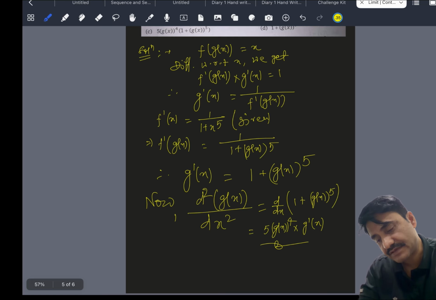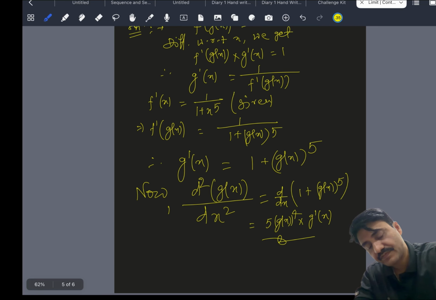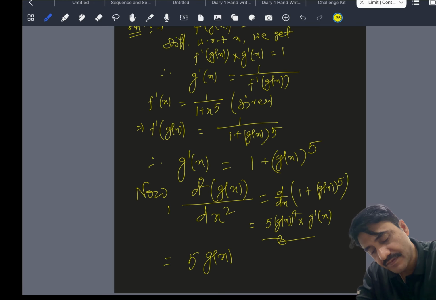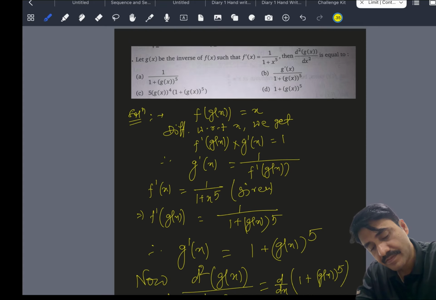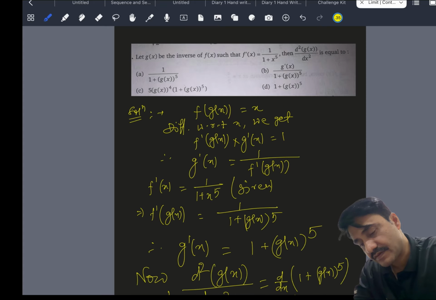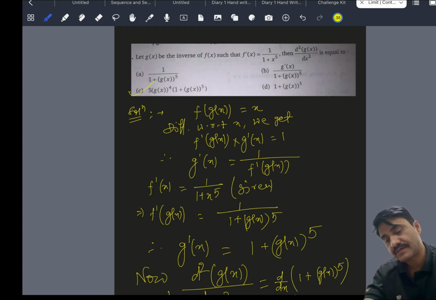Now g dash x was this. So this we can also write 5 g(x) to the power 4 into 1 plus g(x) to the power 5, and hence the answer is this. C is the answer.